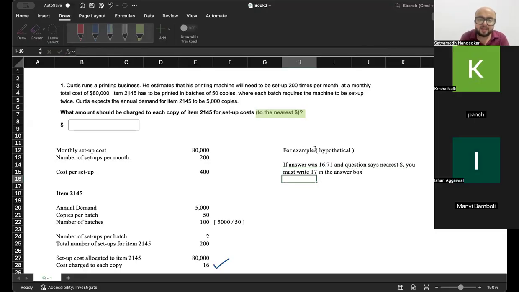A lot of people make that mistake. They don't write 17, they write 16.71 and then you will get a 0. So this instruction in the question is very important. Make sure that you pay attention to it. Any doubts in this one, please let me know.